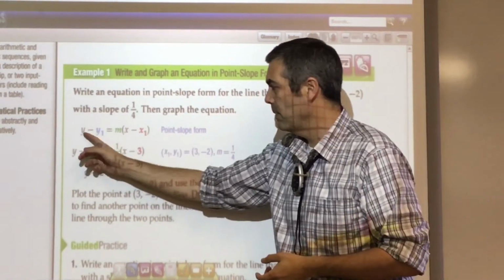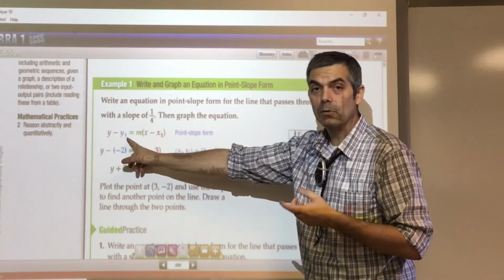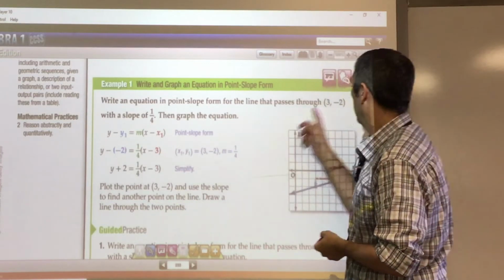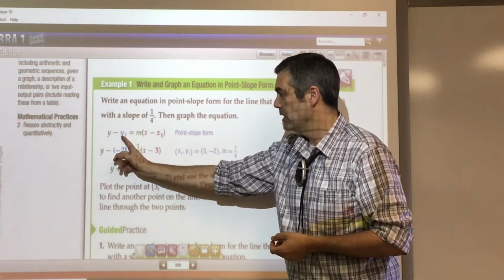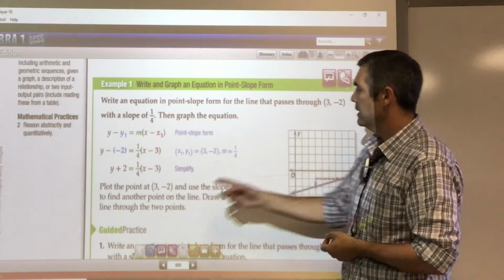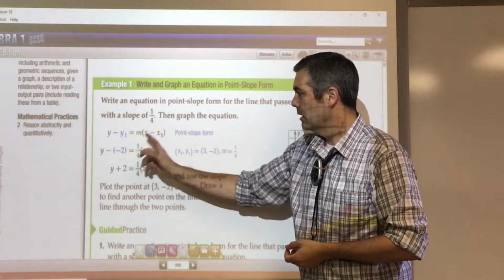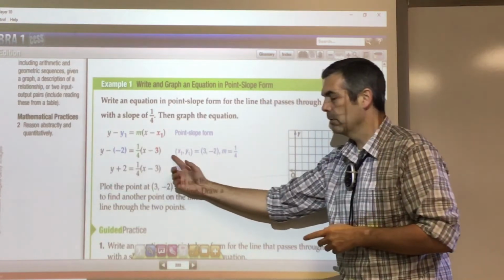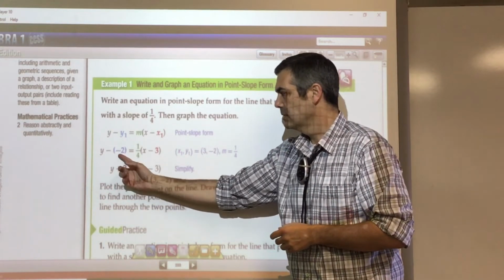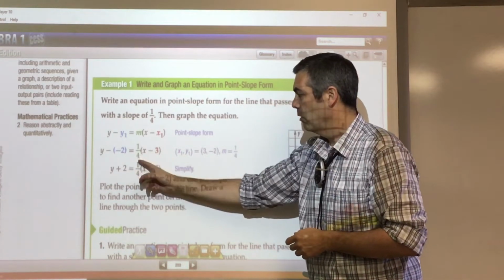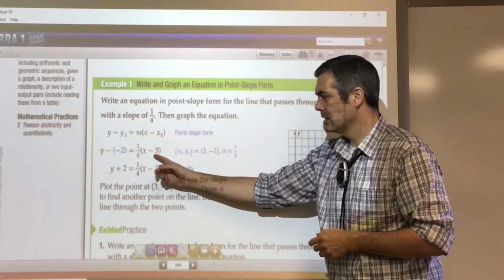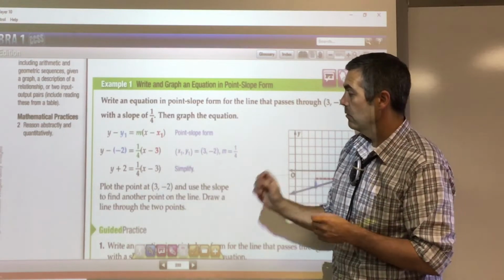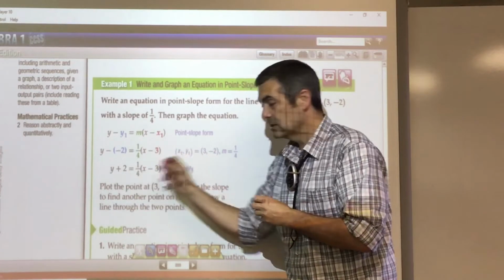So we're going to substitute it in here. You have y minus y1, so negative 2 goes here, 3 goes here, and m is your slope, so you plug it in here. And this is exactly what they did right here: y minus negative 2 equals 1/4 times x minus 3. All we've done is substitute.